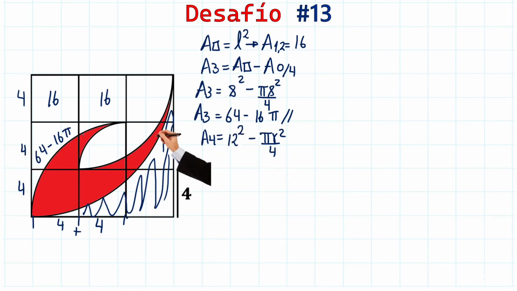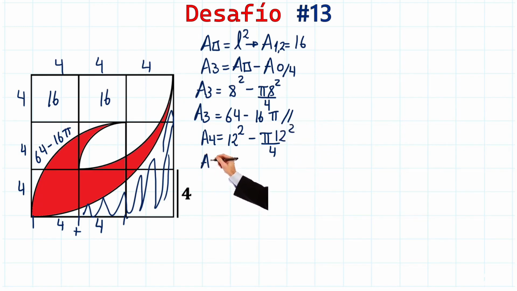Therefore, we have 12 squared for the area of the big square minus pi times radius squared. What is the radius of this quarter circle? Well, it's 4 plus 4 plus 4, 12. So here we also have 12 squared. Excellent. So the area 4 is 12 squared, which is 144, minus pi times 12 squared, which gives us 144, and 144 divided by 4 gives us 36 pi. Excellent. We now have area 4.